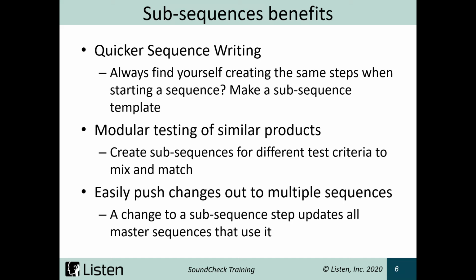What I could do, instead of opening up 20 different sequences, clicking a checkbox, I could go into a subsequence, place those into my master sequences. Then when I edit my subsequence and I enable that THD plus N checkbox, every master sequence that's referring to that subsequence will get that updated data and is going to use THD plus N. So it's very quick. It's a lot easier than going into all of your discrete sequences and making changes.